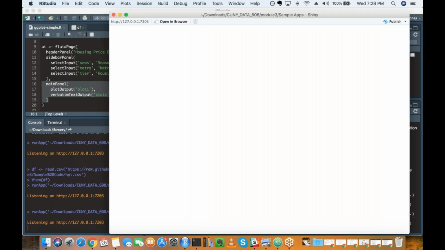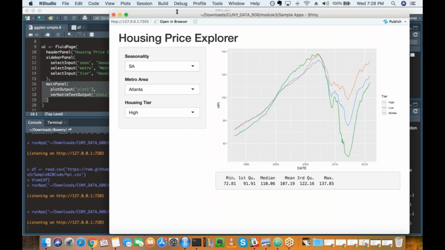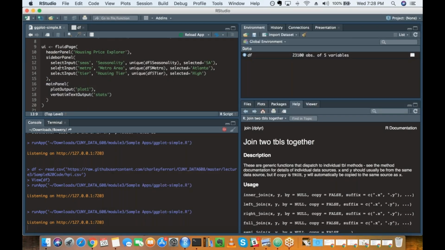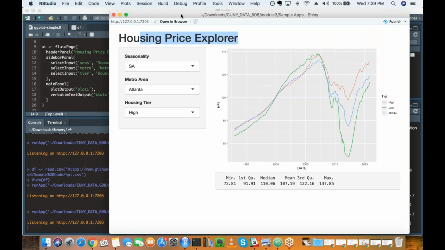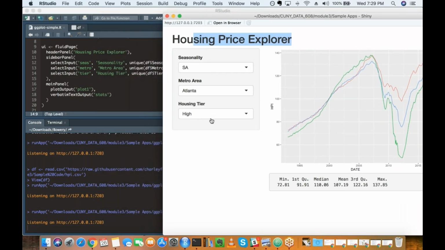And you can see that within the app here, I have my sidebar, I have my header, I have my main panel. And then within each of these elements, I have various sub-elements. So in here, for example, I have three what are called select inputs.